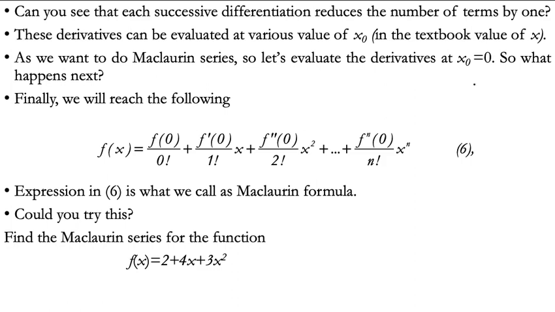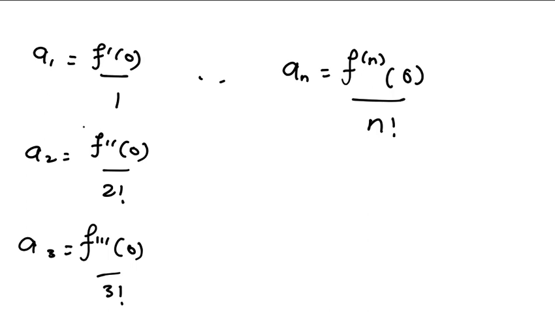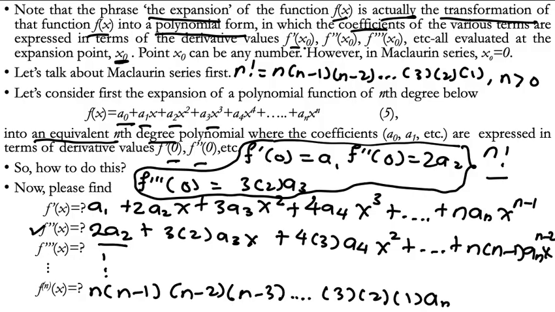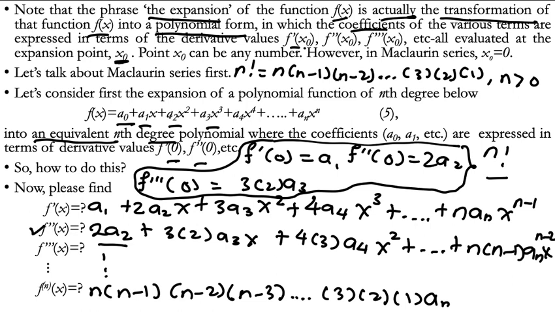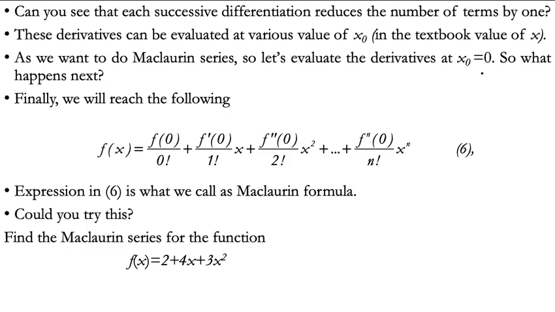Okay, so next, what we need to do is that we already have all of these. Let's go back to the original function, which is 5. So you have a1 equal to this, substitute it back into 5 here. So you see a1 here, and then a2, a3, a4 until the end, and then you can get something like in 6.